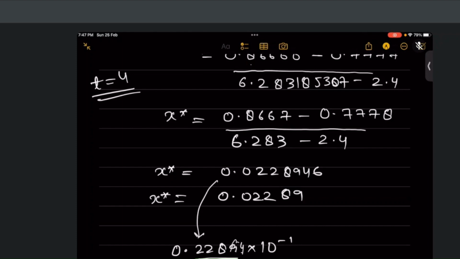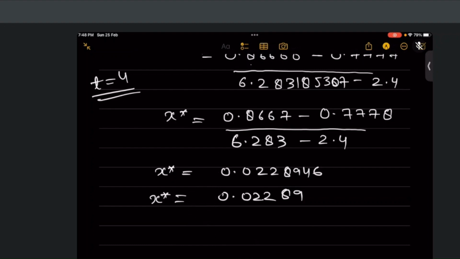Beta is 10, beta by 2 is 5, and this number is less than 5. So this will remain unchanged. It will remain 9 only. That is why you put it as 0.02289. Is this understandable? Okay.